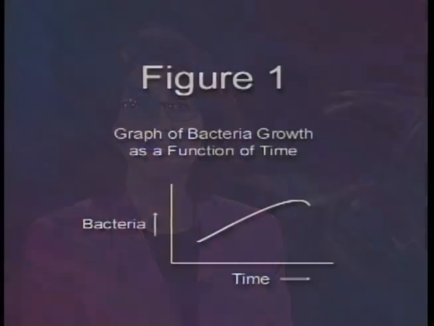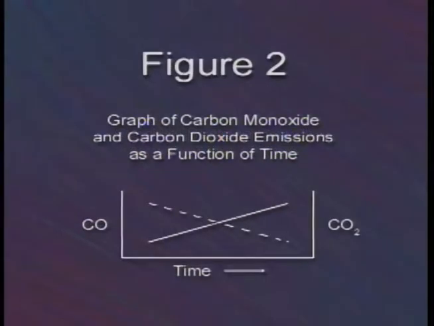Graphs can also be presented in various ways. The graph could contain one variable on the x-axis and one variable on the y-axis. For instance, the following graph shows the relationship between the growth of bacteria in a cultured dish as a function of time. A graph might also have a second variable on the y-axis.